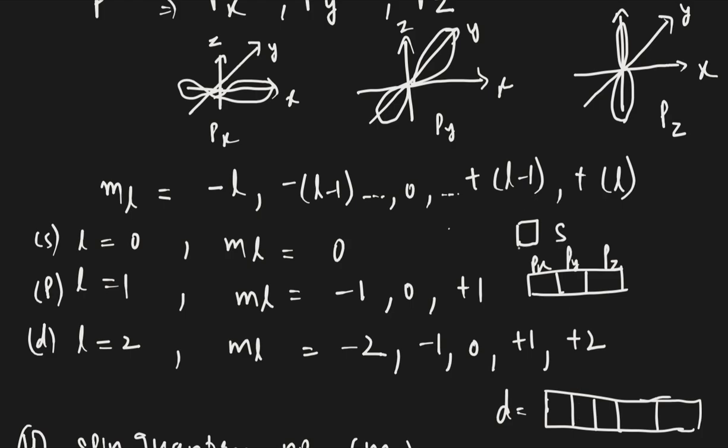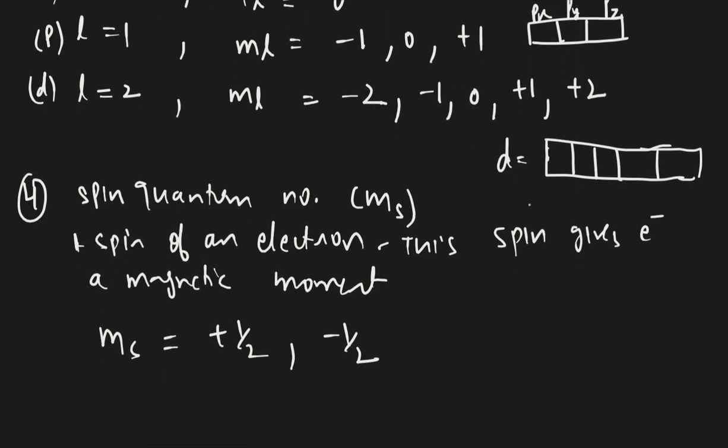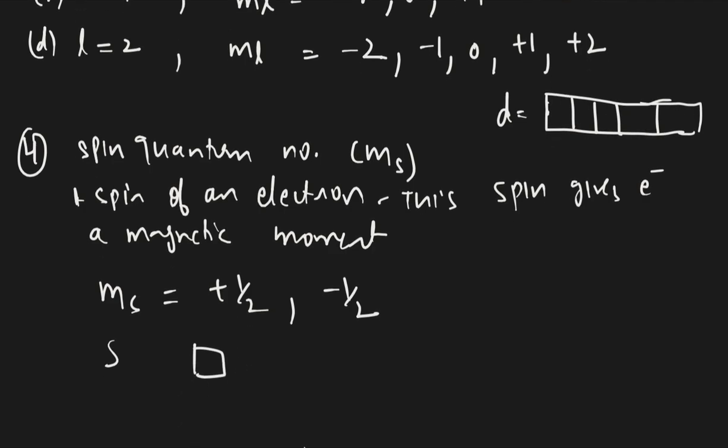Okay, now when we have to put the values here, like for S, let's say, this is the subshell. Now I have to put the electrons. The maximum number of electrons which can come in each box here is 2, max 2 electrons. So when you fill these electrons, they can have either upward direction or the downward direction.